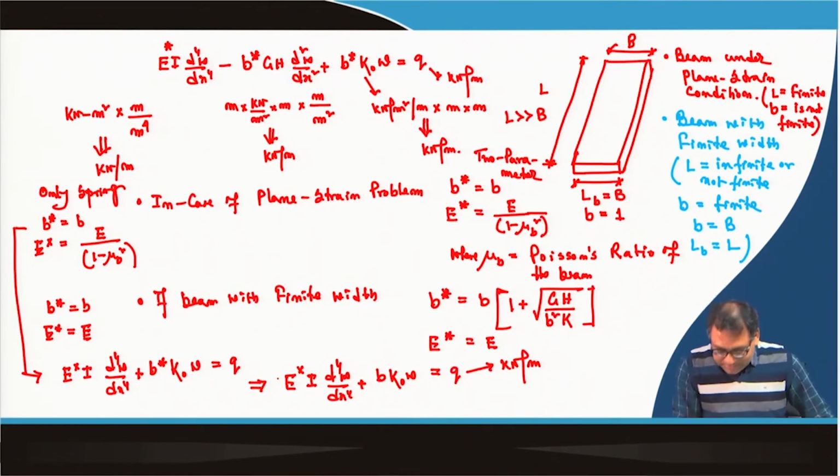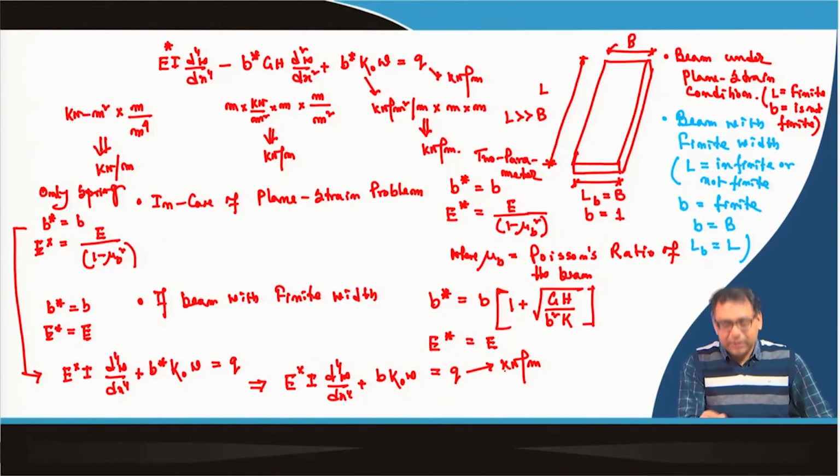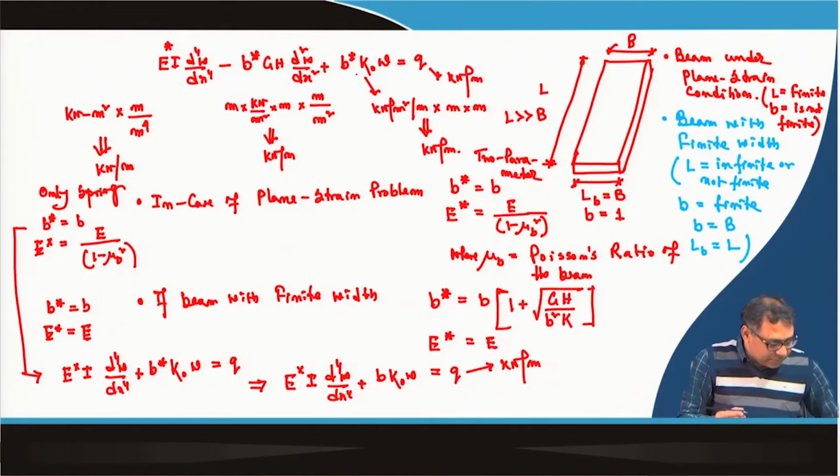So, you have to remember that this is the general equation for a beam resting on a 2 parameter model, and then how to convert E star and B star depending upon which condition you are analyzing your beam. Okay. So, under plane strain condition, all these things I have discussed.